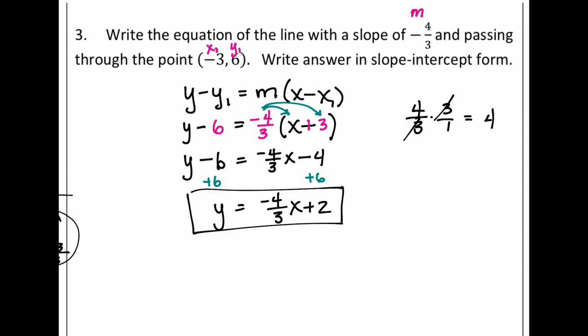And you're done. Okay, let me clarify one thing with the directions. Write the equation of blah, blah, blah. Write the answer in slope-intercept form. You don't start with slope-intercept form. This is y equals mx plus b. You start with point-slope form because that's what you're given.